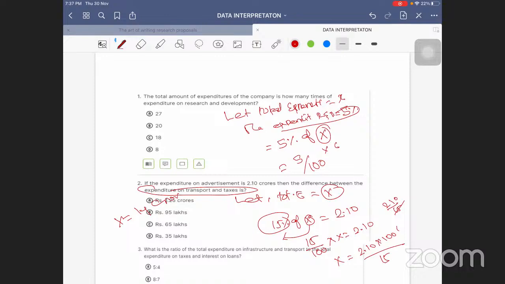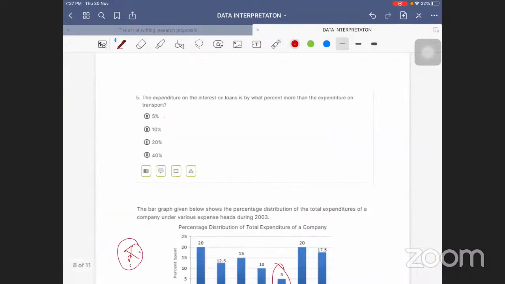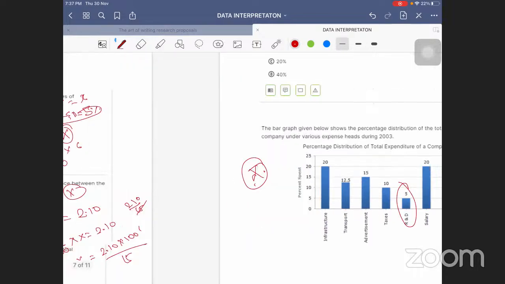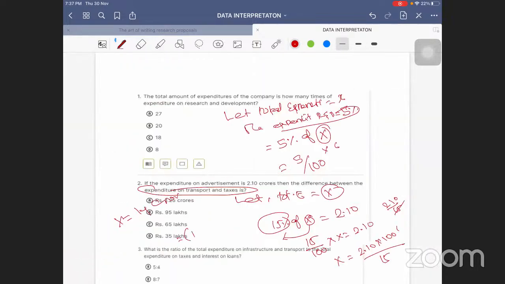So we know the transport percentage is 12.5 percent and taxes is 10 percent. So the difference is 2.5 percent of these 14 crores.